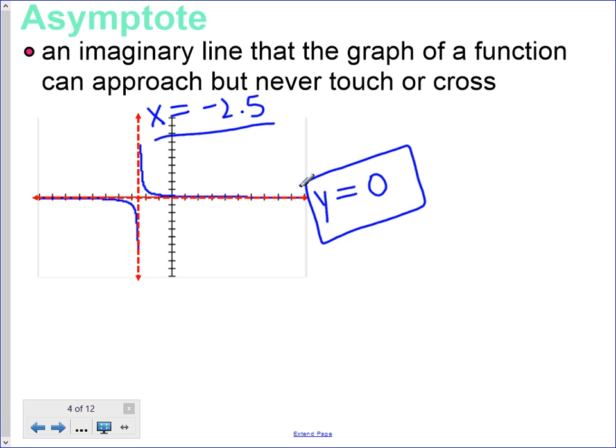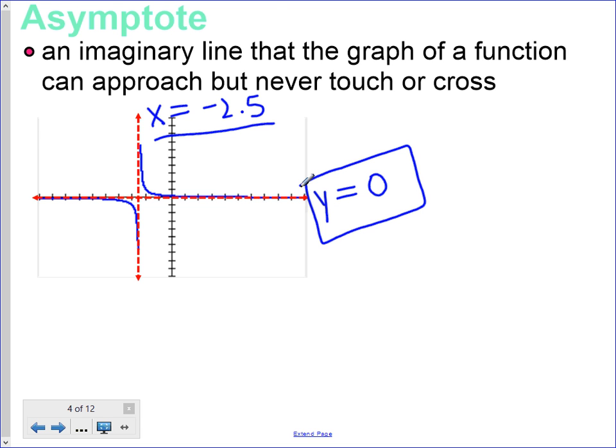The reason why we have an asymptote here is because there is no possible way of making a y value of 0. If I take the reciprocal of any number, it would be impossible for it to be a value of 0. That's why I have another asymptote at y equal to 0.